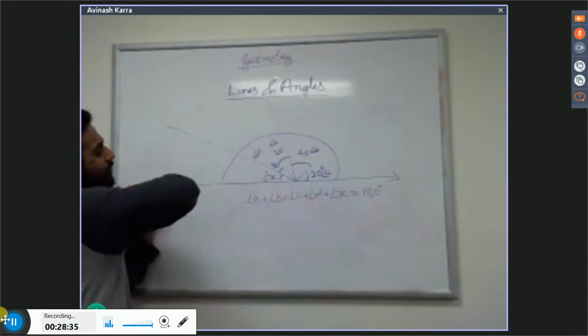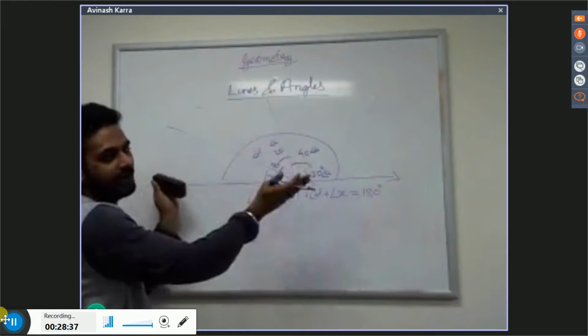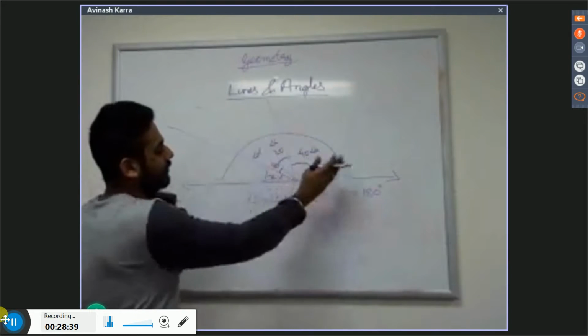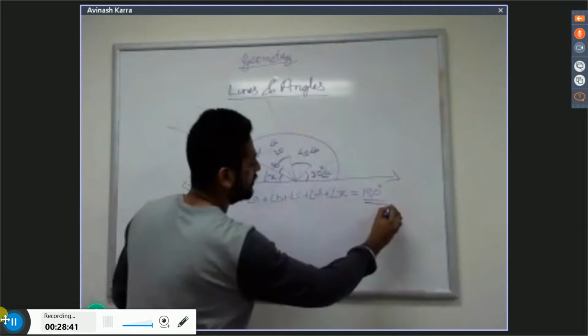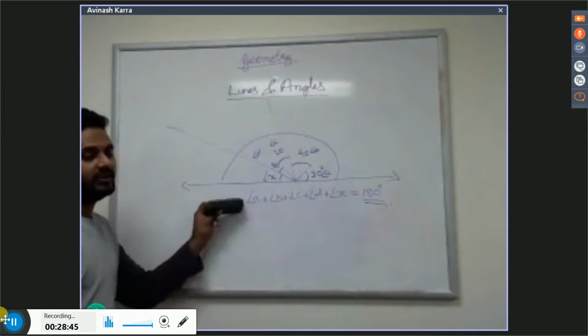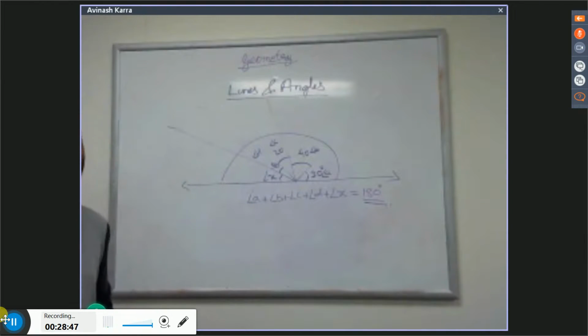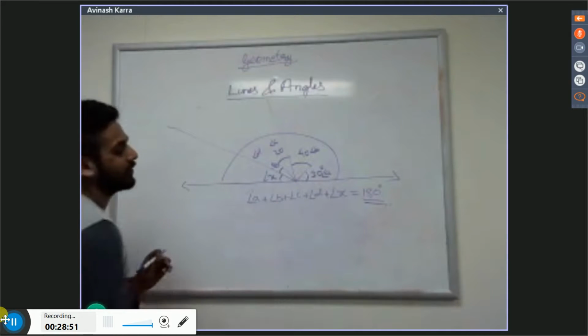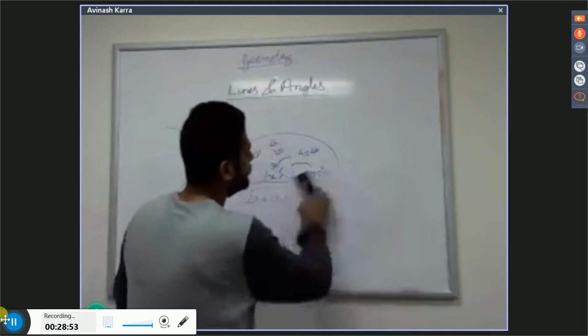In a straight line, you may divide it into any number of angles, and the sum of all will be 180. You need to remember that. In future, you will understand why I'm saying this. These are a few points you need to remember.